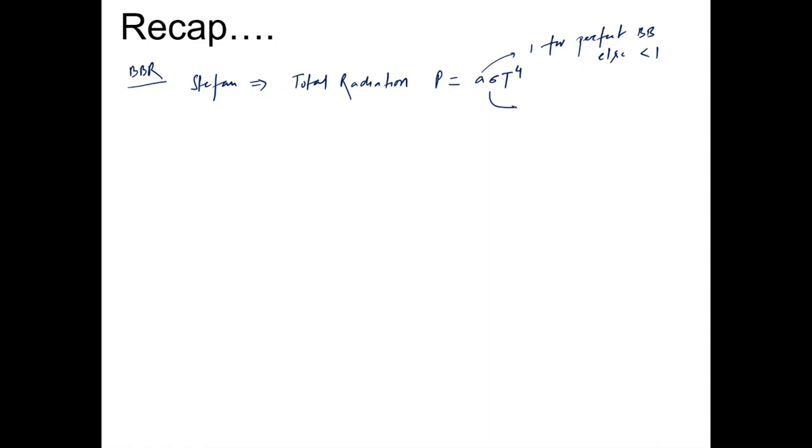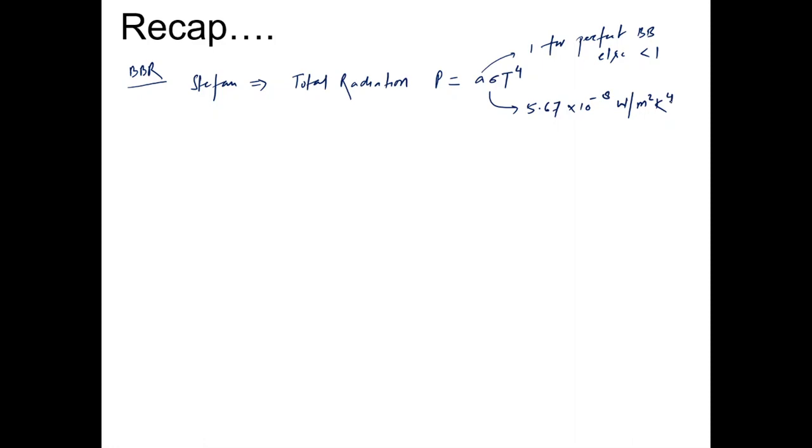The very first one was given by Stefan, who said that the total radiation, which you define by the term P, is equal to A sigma T to the power 4, where A is 1 for a perfect blackbody, else it's less than 1, and sigma is the Stefan constant, which is 5.67 times 10 to the minus 8 watt per meter square Kelvin to the power 4.